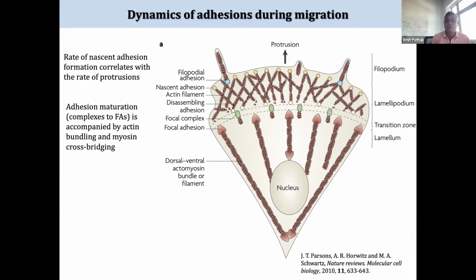So that's what gives rise to these different variations in adhesions across the cellular space, and many different modes of migration, which is again a totally different lecture. But migration is a really fantastic example of why we need all these different types of adhesions and what roles they play.